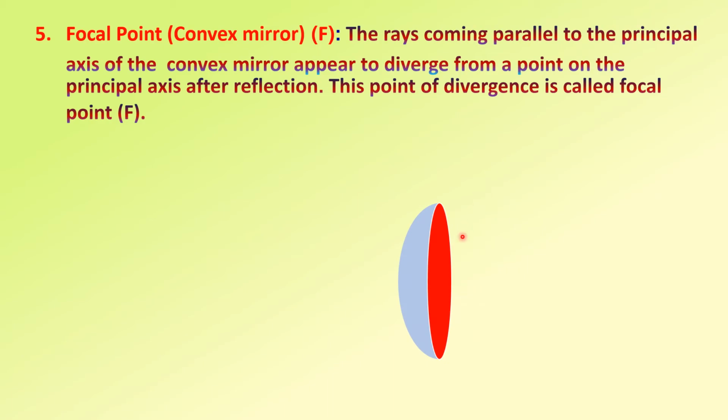See here, this is the convex mirror and P is its pole, and here the center of curvature, and this is the principal axis. Okay, suppose some parallel rays are traveling like this and falling on the convex mirror.